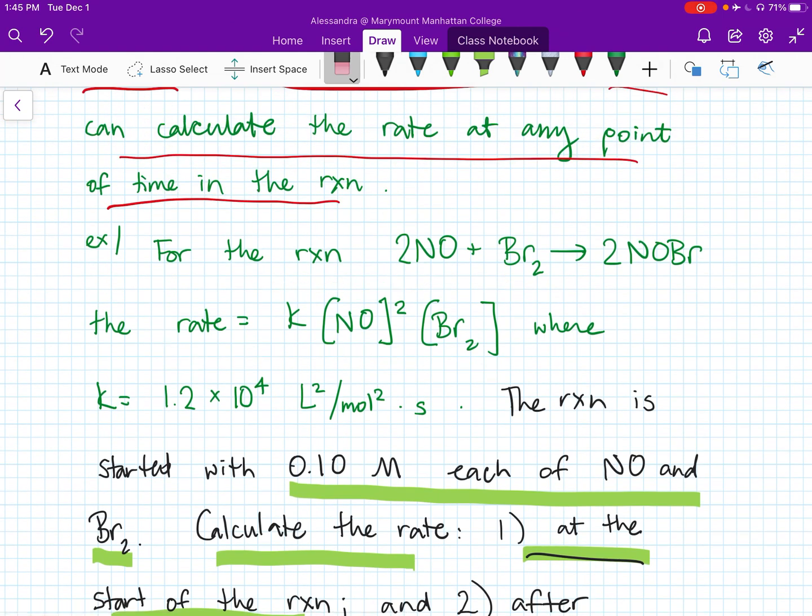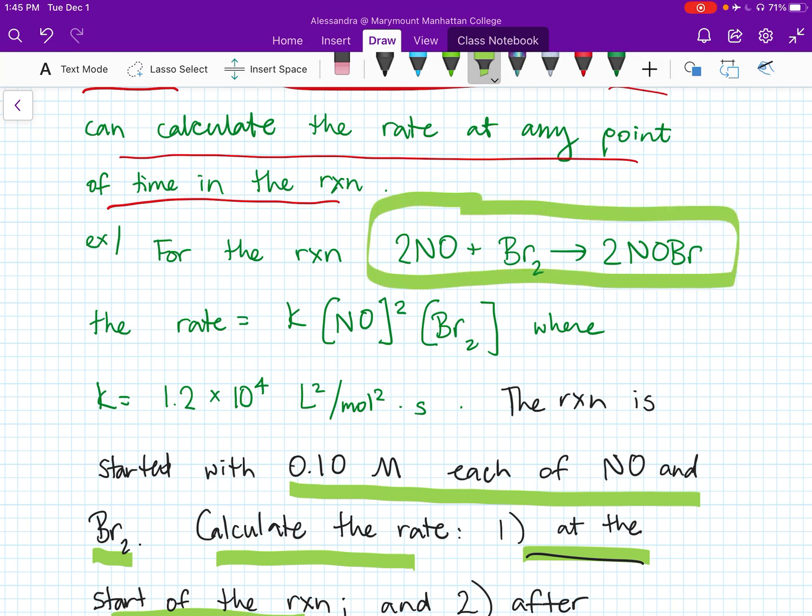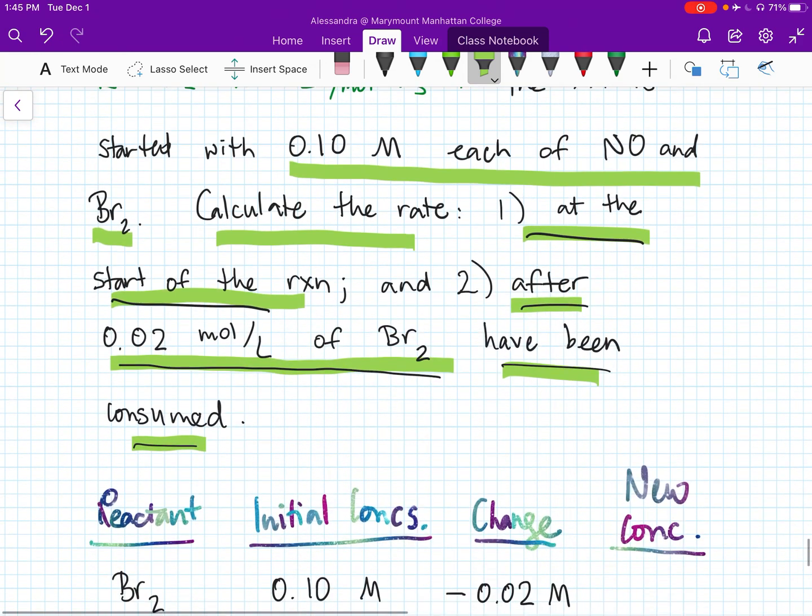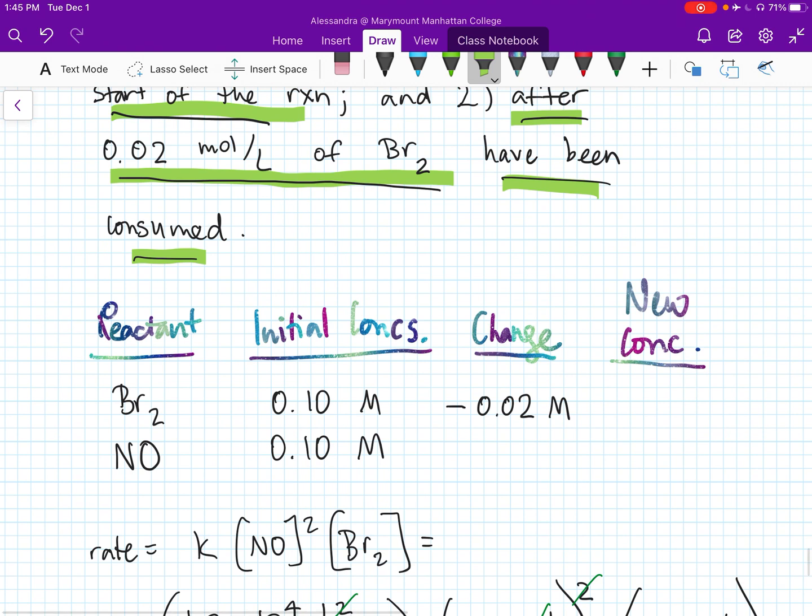Let's look at that here. I can see that for every 1 mole of bromine that gets consumed, I'm going to be consuming 2 moles of NO. So that means that I have to double the consumption of the NO with respect to bromine. This is because there are 2 moles of NO consumed for every 1 mole of bromine that gets consumed.